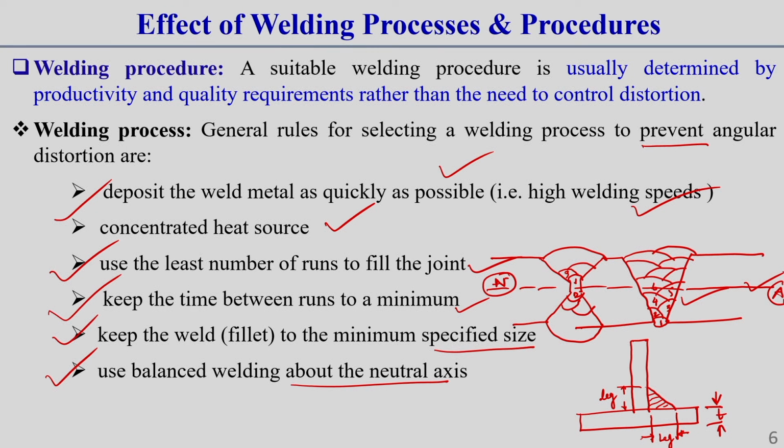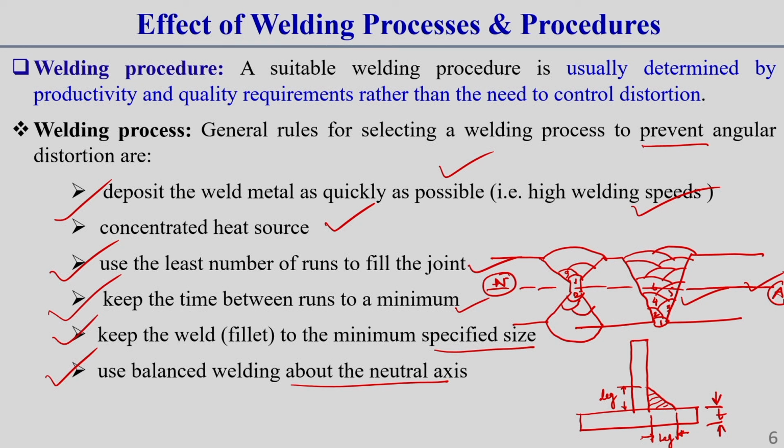Once we do balanced welding about the neutral axis, our deformation will be less, because one side will affect the other side. That is what I have already shown in the earlier slide, where I showed about the neutral axis and how the shrinkage force comes. On the top side an anti-clockwise force is coming, on the bottom side a clockwise shrinkage effect is coming, correct.